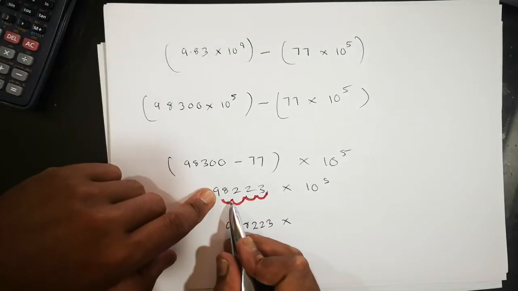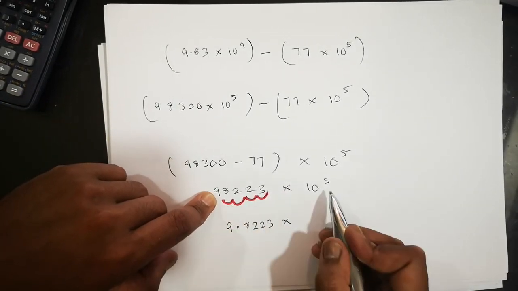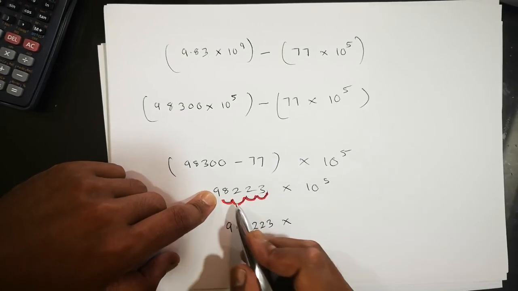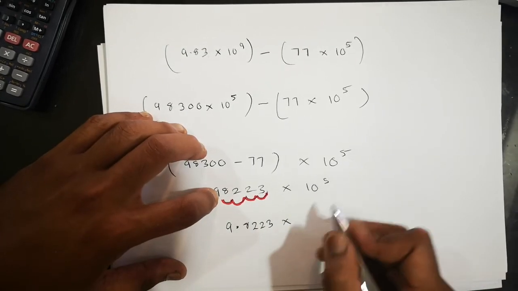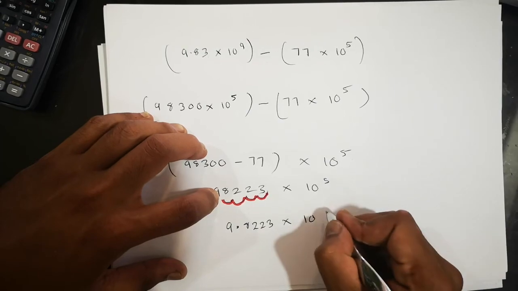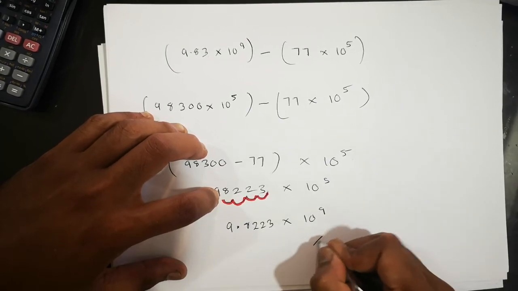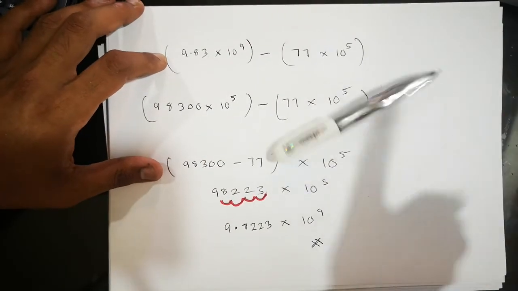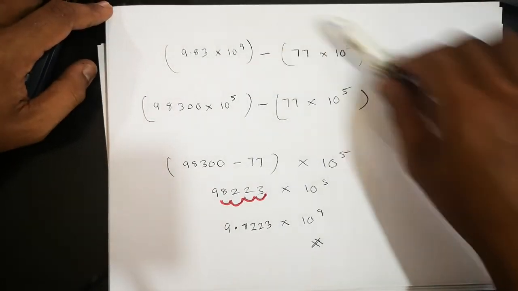If this number becomes smaller, this number must become bigger, right? So increase by 4, so plus 4 will be 10 to the power of 9. Answer. There you have it, standard form.